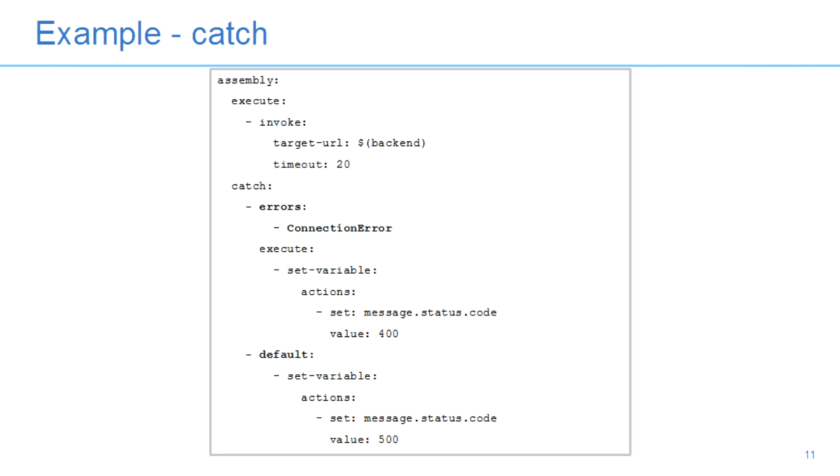We're going to invoke, and if there's an error connecting to that server, in other words it throws the connection error, we'll catch that and set a status code on the HTTP response of 400. In case it's not a connection error and something else, it would return a 500 error. It's probably something that was not expected to happen.